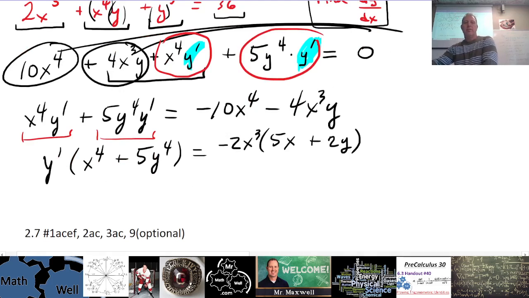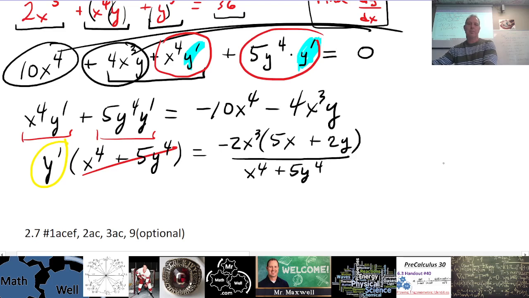And so the final step here, to get y prime all by itself, I want to divide both sides by this term. So I want to divide by x to the fourth plus 5y to the fourth. And if you have any common factors you can simplify.